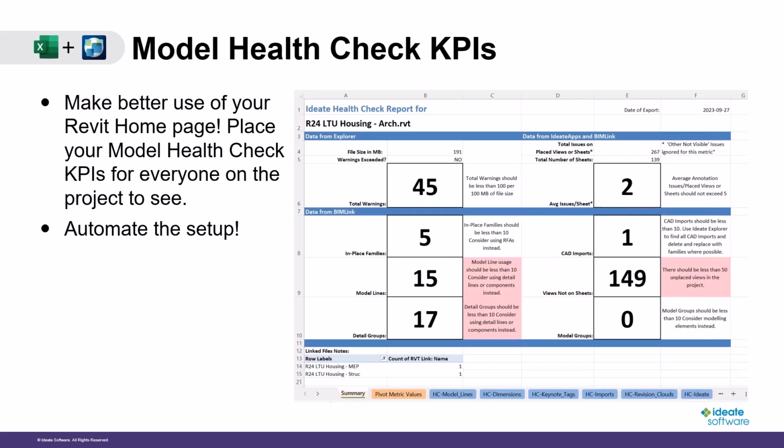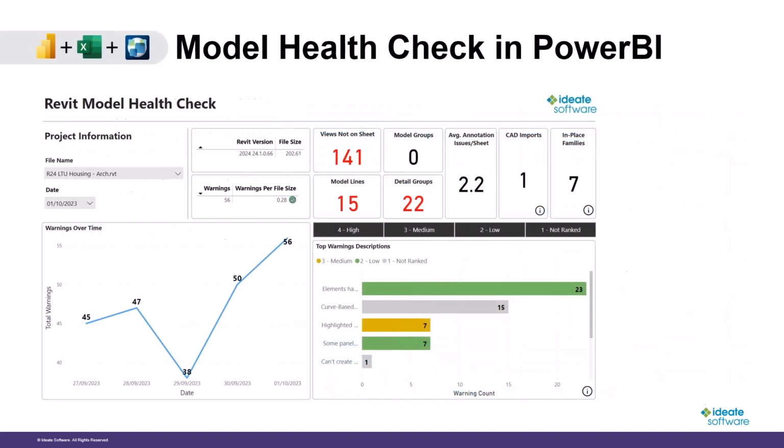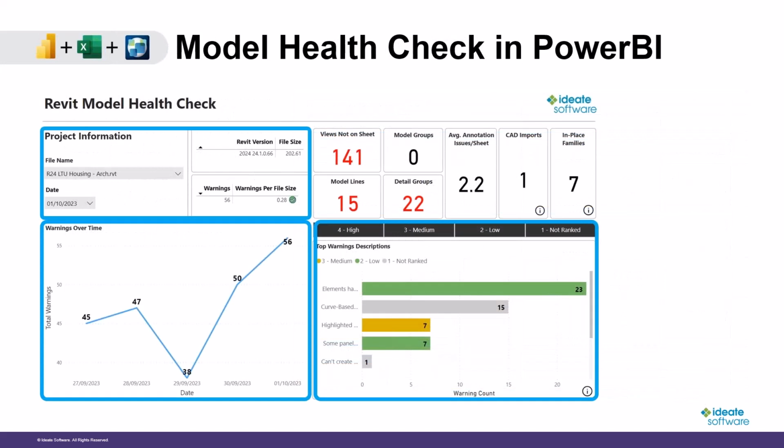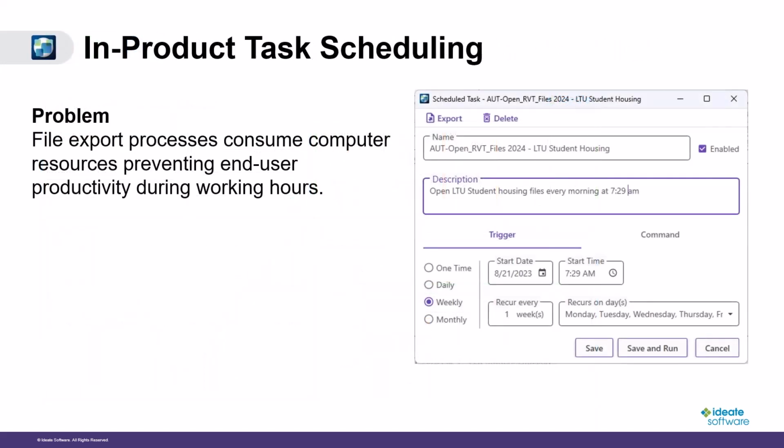So you could export out this information, and you'll notice that we're highlighting things that in blue came from Ideate Explorer, things that in green came from Ideate BIMLink, and the orange comes from Ideate Annotate. And then I showed you that once the task has completed successfully, you can say, this is great, I'm going to schedule this to run, and you can run it on your individual laptop or computer.